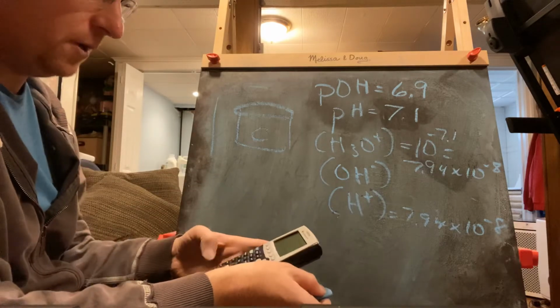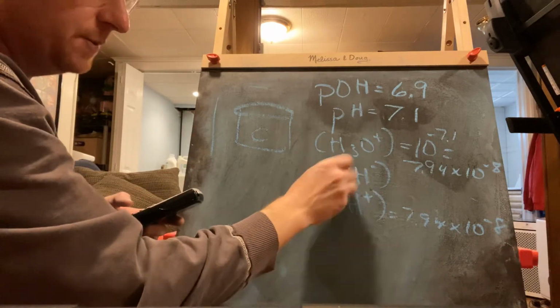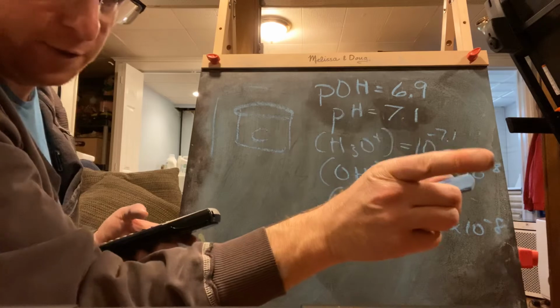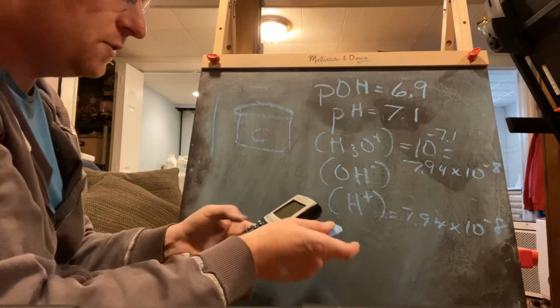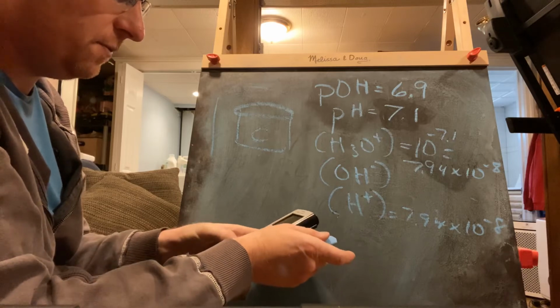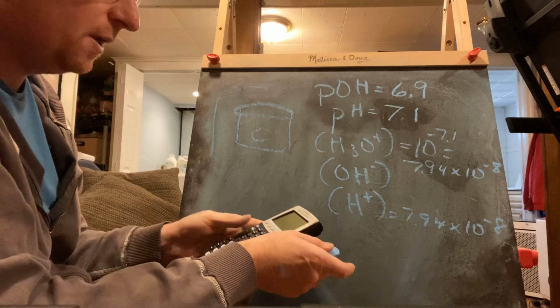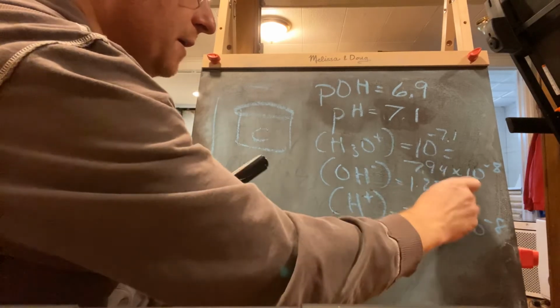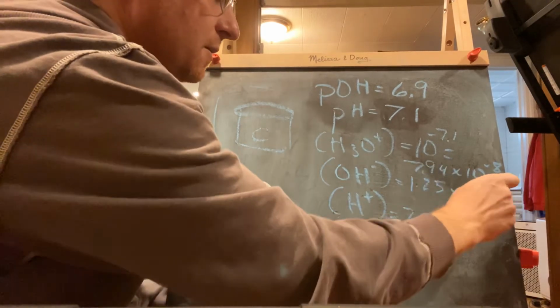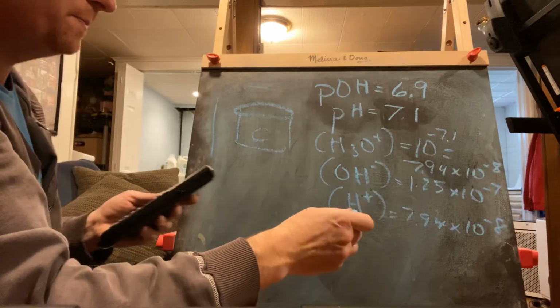And then you're going to go this times this. This times this is 1 times 10 to the negative 14th. So you would just go 1 times 10 to the negative 14th divided by that. And that would give you 1.25 times 10 to the negative 7th.